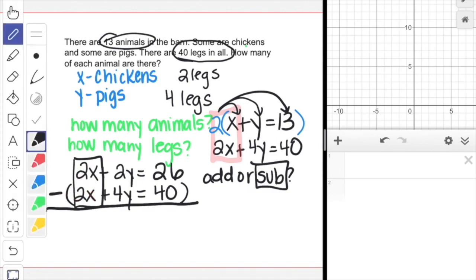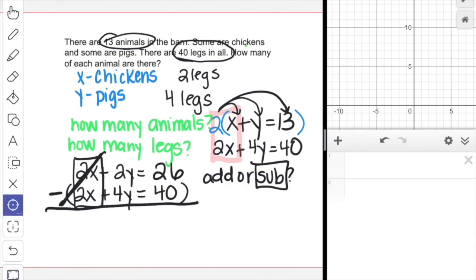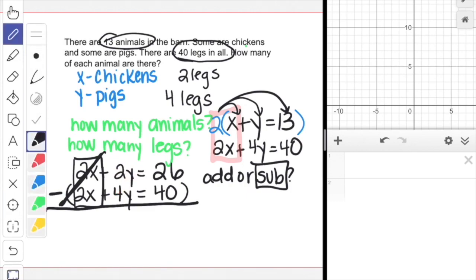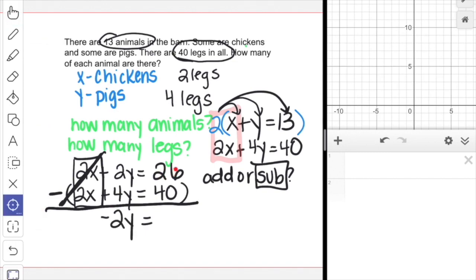That is going to eliminate, so that goes away. Then I have 2y minus 4y, which is going to give me negative 2y. And then 26 minus 40 is going to give me negative 14.